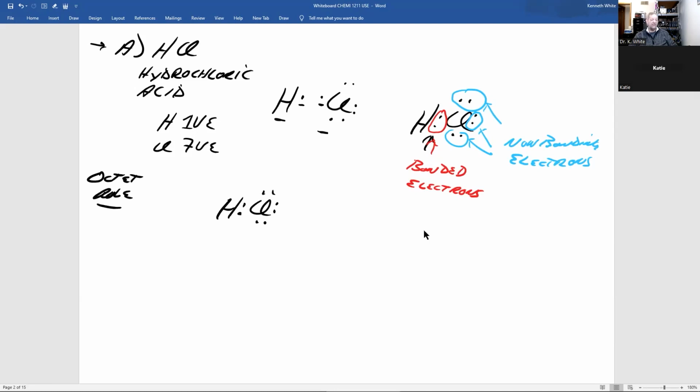And what that means is, and I'll never ask on a test, what's the octet rule? All atoms, when they share, lose, or gain electrons, they should have an octet, 8 valence electrons. That's total of shared and bonded and non-bonding electrons. There's one exception.